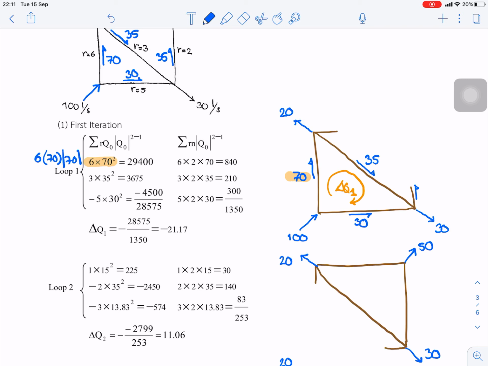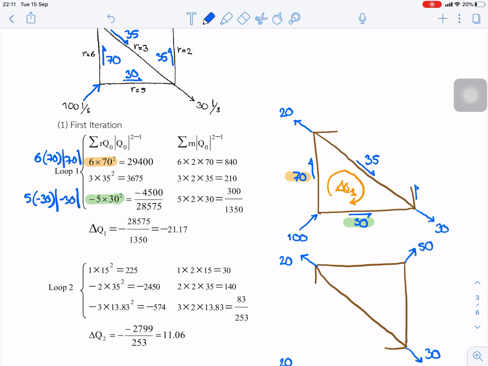Okay, and for the 30 here, the sign is anti-clockwise, so this comes from the 30 squared term, because 30 is anti-clockwise, it is a negative 30 times the absolute 30.